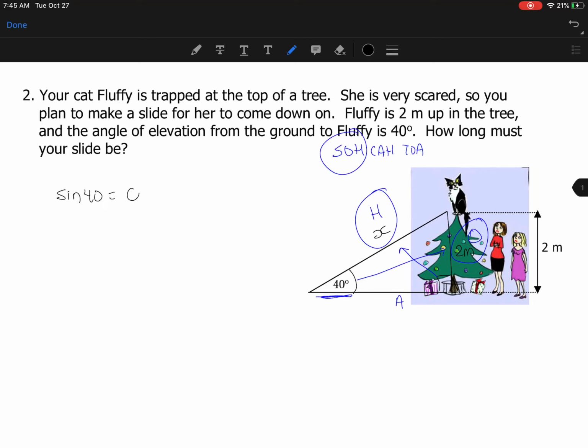So we'll set it up. Sine of 40 degrees equals opposite over hypotenuse, which is equal to 2 meters divided by that length. And again, to find x, when x is on the bottom, we just swap places. So this becomes x equals 2 divided by sine of 40.